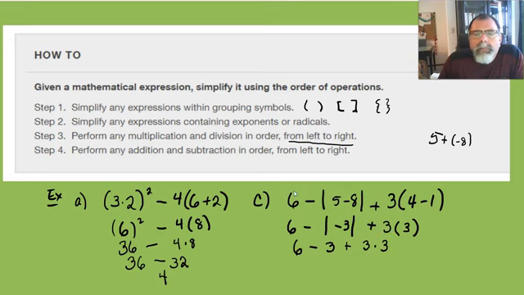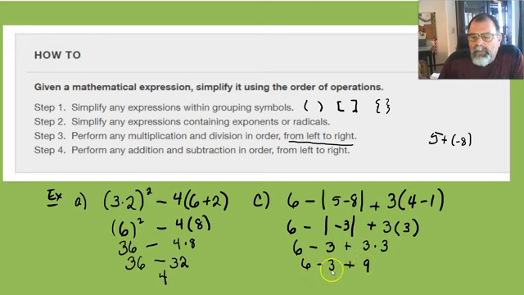All right, so grouping symbols are done. Now step 2, we're going to do anything that has exponents. There's no exponents. And then we go to step 3, multiply and divide from left to right. So here's the times. 3 times 3 is 9. Okay, so that step's done. Now add, subtract from left to right.